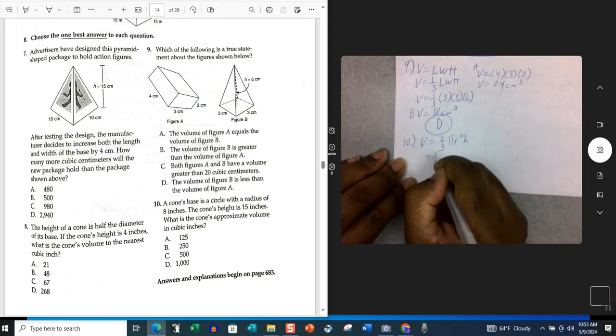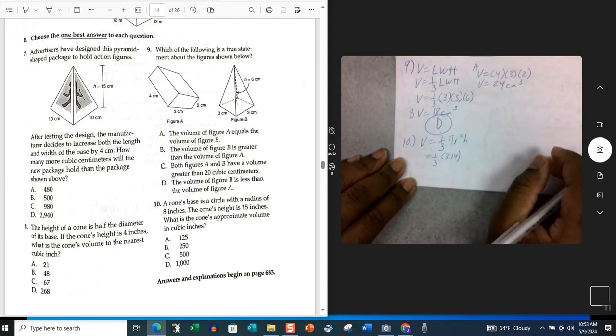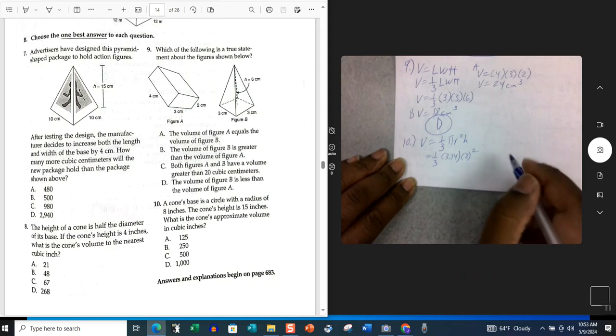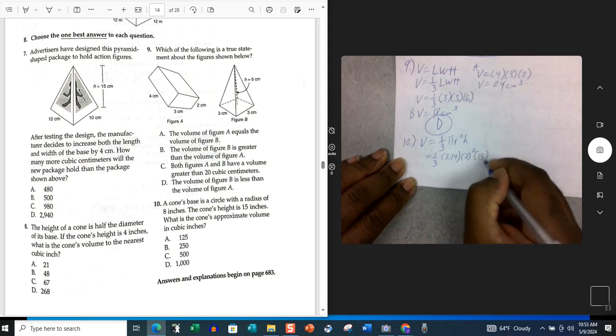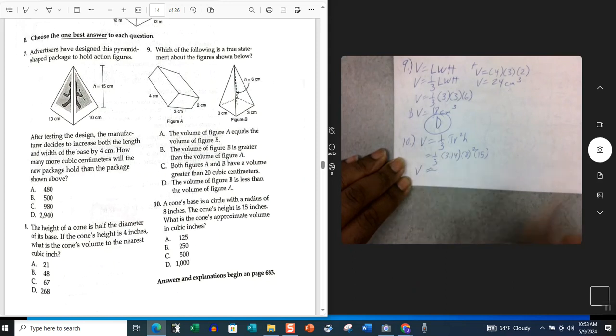So we have 1/3, pi is 3.14, and they tell us that the radius is 8 inches. So it'll be 8 in parentheses squared, and they give us the height at 15. So now we can put this in our calculator.